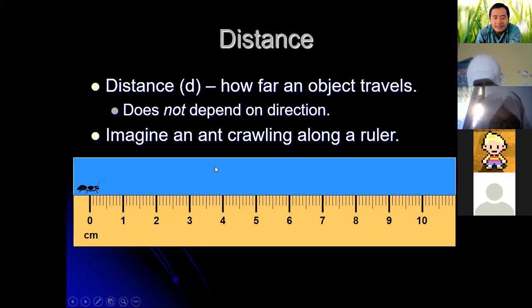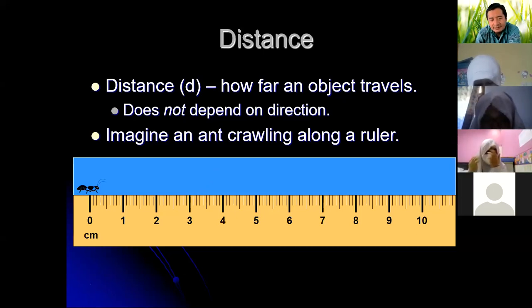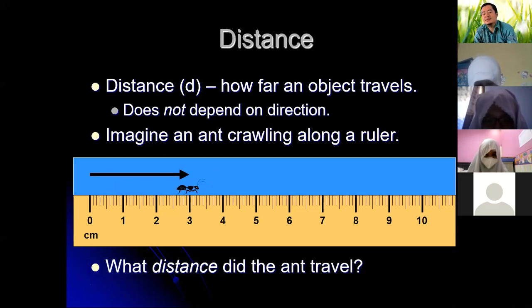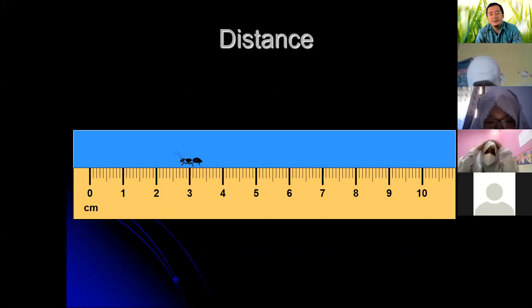If I repeat again, the distance is from 0 to 3. So the distance that the ant travels is 3 centimeters. Okay, now the direction is different. The slide before was from left to right.